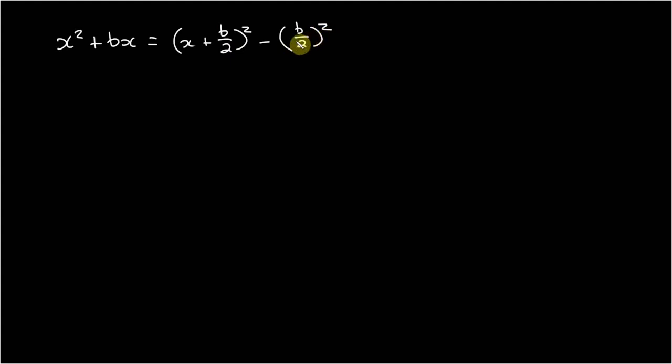So let's work through a couple of examples. Start with something really simple. Say we're given 2x squared plus 16x. Actually, this might not be the best way to start, but that's okay.